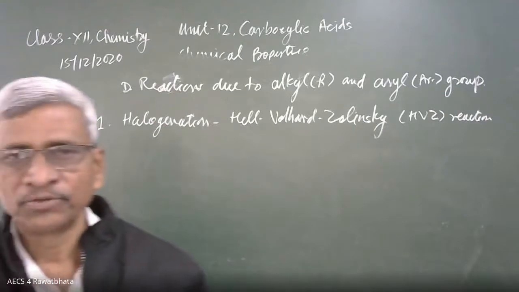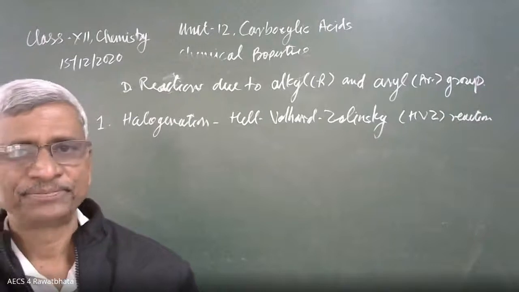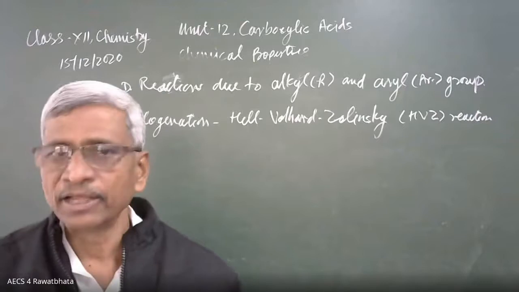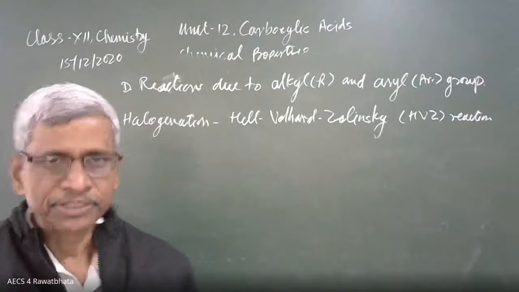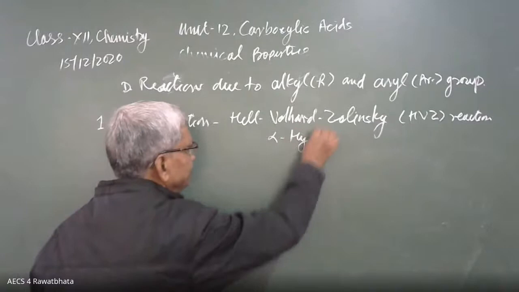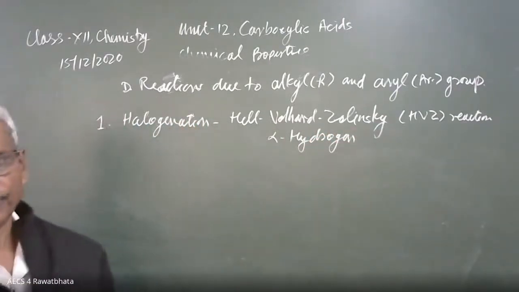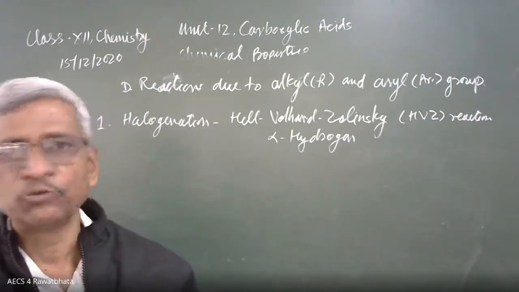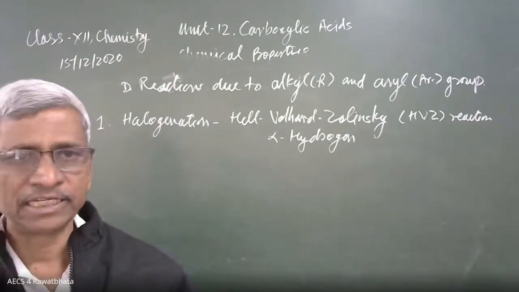What is the HVZ reaction? The name is difficult, but the reaction is quite simple. It is simply that the hydrogen of the alpha carbon is replaced by halogen. The condition is that the carboxylic acid must have alpha hydrogen. If there is no alpha hydrogen, there is no reaction. Whatever alpha hydrogens are there, they are all replaced by halogen during the reaction. We get halogenated carboxylic acid.